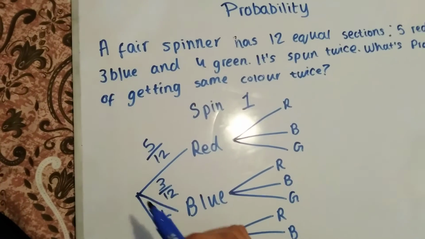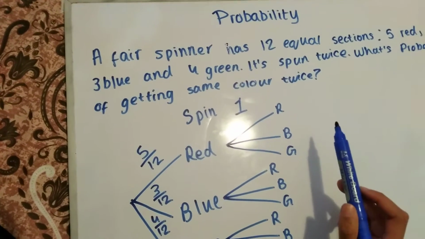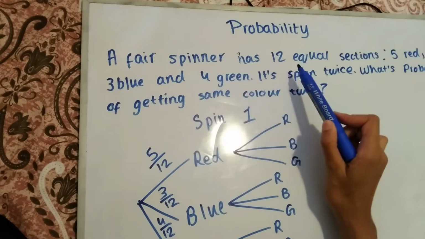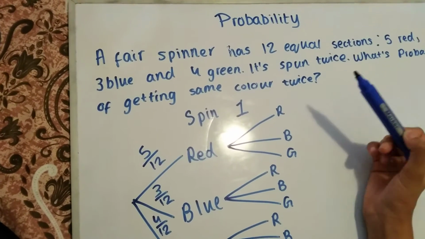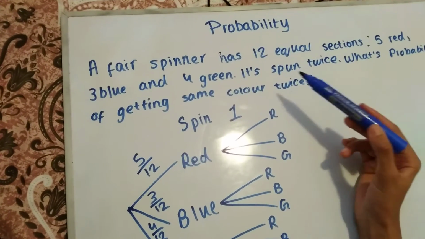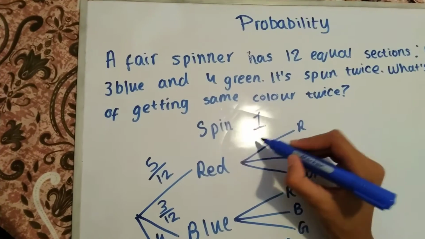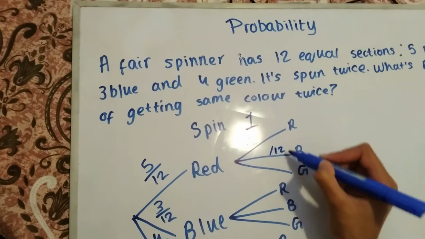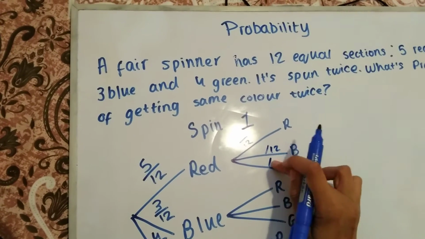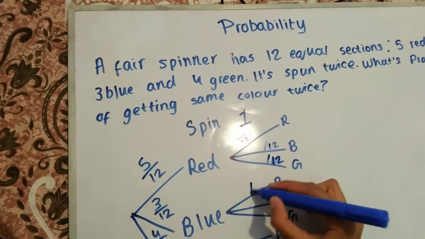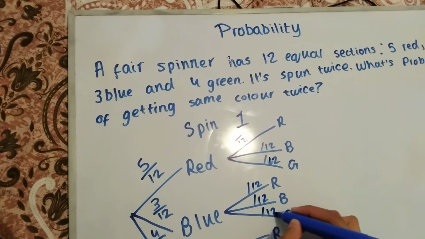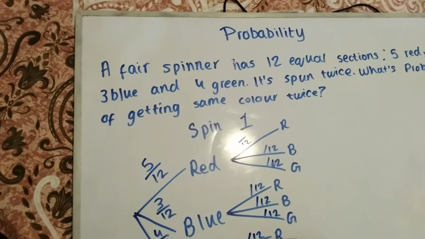Now, we know again, because this spinner does not change, that there are still a total of 12 equal sections. No section is removed, so there are still 12 equal sections. So, again, our probabilities will be out of 12 for all of them. And remember, these all should add up to 1.